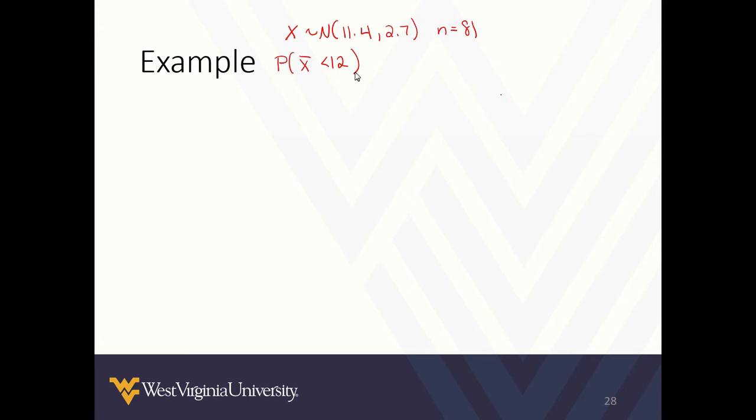While using our central limit theorem, we do need to adjust our information. So we know using our central limit theorem that the sample mean is going to approximately follow the normal distribution with a mean of 11.4 and a standard deviation of our population standard deviation, which is 2.7, divided by the square root of our sample size, which in this case is 81.